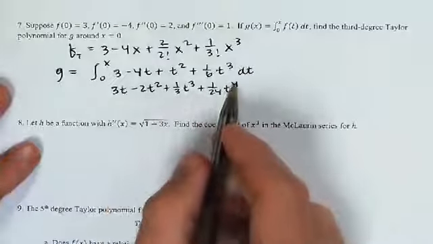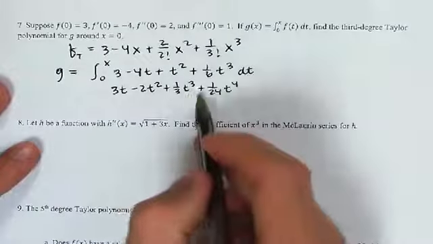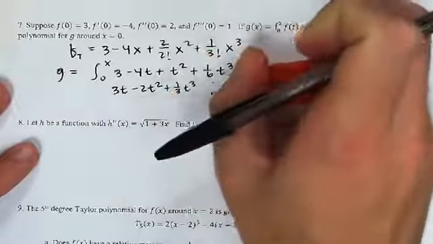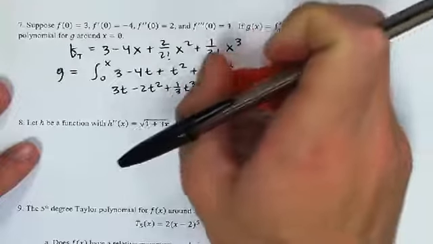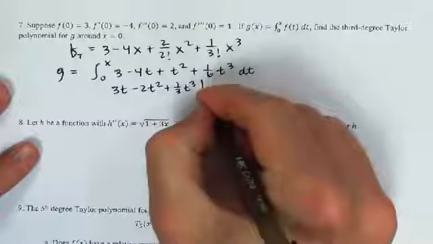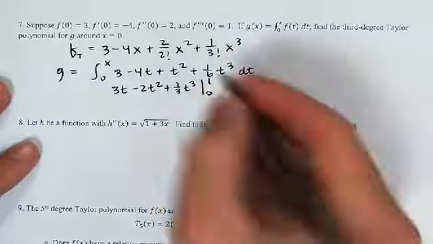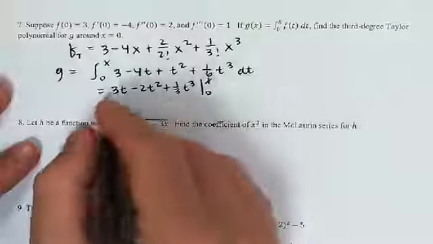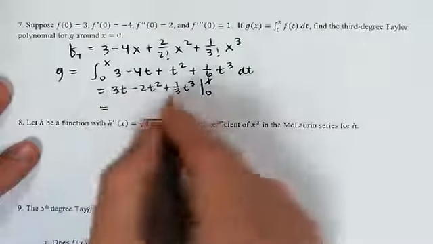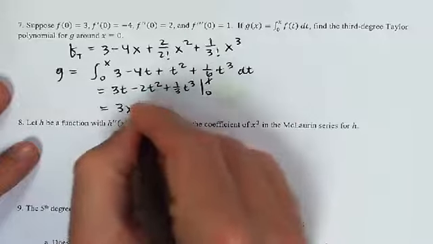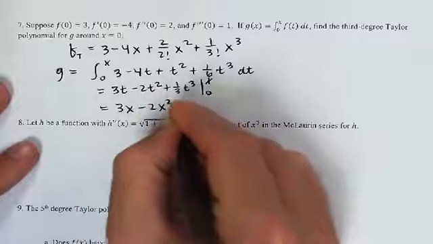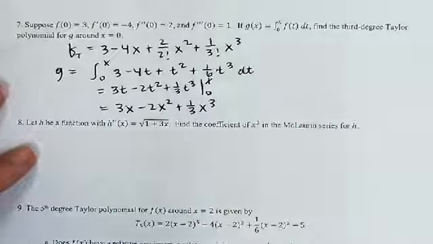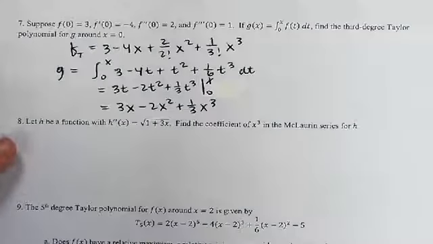But notice how, when I plug in x, it only wants the third degree Taylor polynomial, so I'm actually going to ignore that. And I'm going to evaluate this from 0 to x, excuse me. And when I plug in 0, everything's going to be 0, so this is going to be 3x minus 2x squared plus 1/3 x to the third. And that's the third degree Taylor polynomial for g around x equals 0.